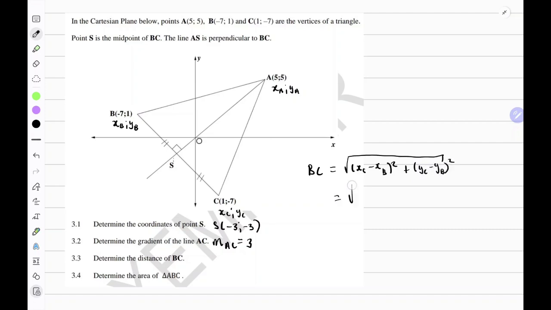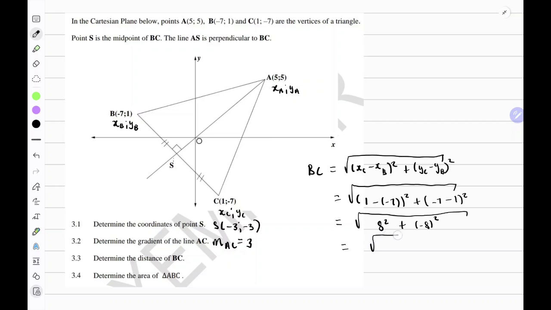Substituting, that is 1 minus 7, the whole squared, plus minus 7 minus 1, the whole squared. 1 plus 7 is 8, so it's 8 squared plus negative 8 squared.